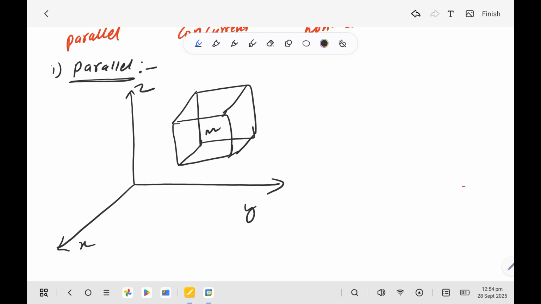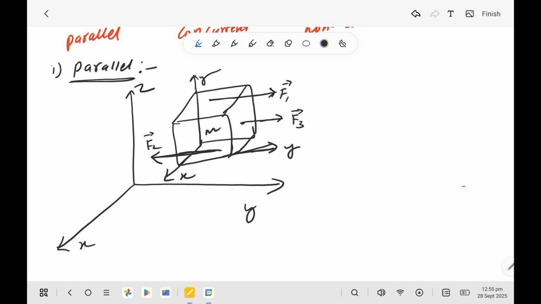Okay, so this is your body, and let's say this is the y direction, this is your x direction, and this is your z direction, and F1 is acting on this plane, and one force is acting here, F3 is here.